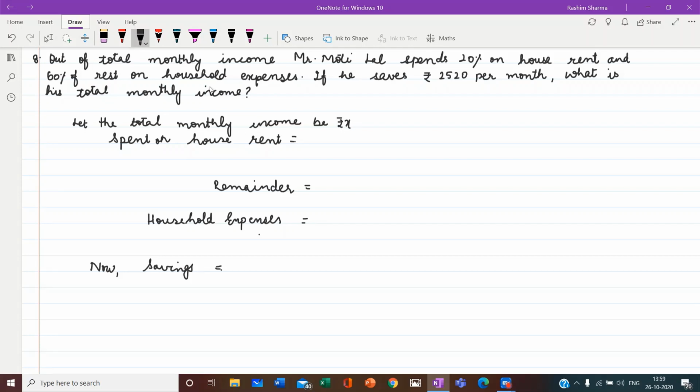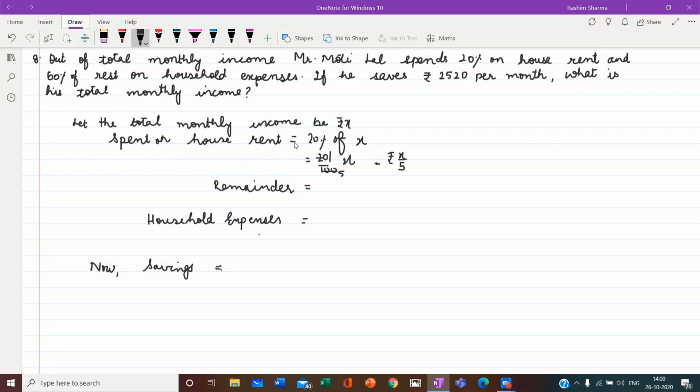Now we are given that he spends 20% on house rent. So the amount spent on house rent is 20% of monthly income, that is of X. When we solve it, we get 20 on 100 X. So we get rupees X upon 5 spent on house rent.